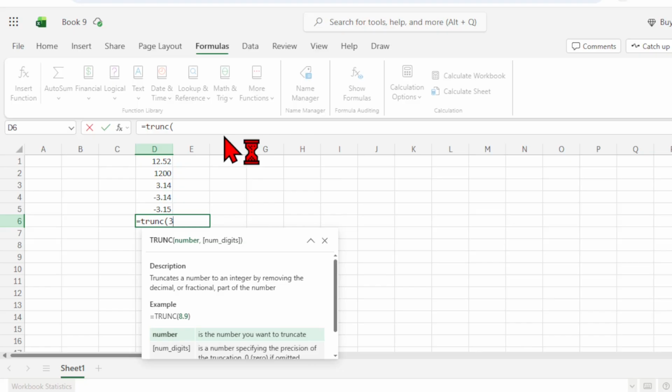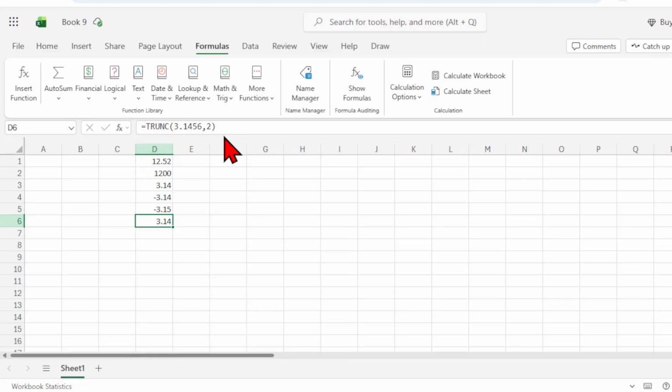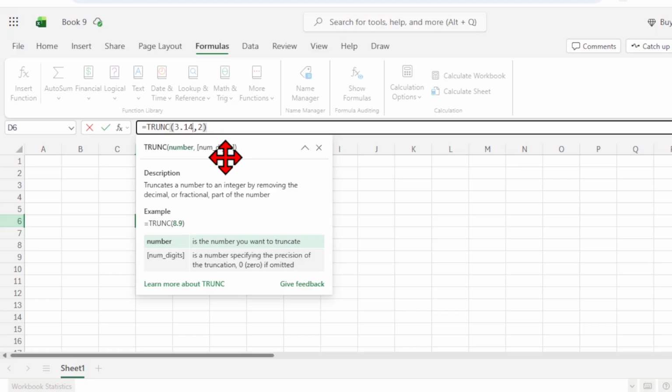So I can have 3.1456, comma 2. It just drops the number. It doesn't round it. It just says, okay, go to 2 places past the decimal point and drop everything after that. So this could be 3.1499, and it still would round it, quote unquote, to 3.14.